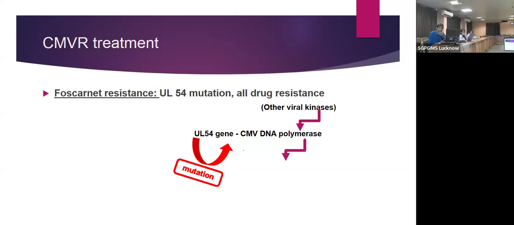CMV starts using those kinases, which are not meant for CMV in normal circumstances, and the virus again starts replicating, and in this way it confers resistance to all the anti-CMV drugs. Whenever the virus becomes able to mutate the UL54 or polymerase gene, this is a very serious problem.